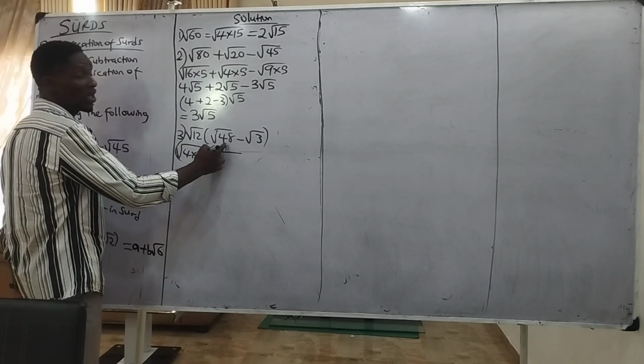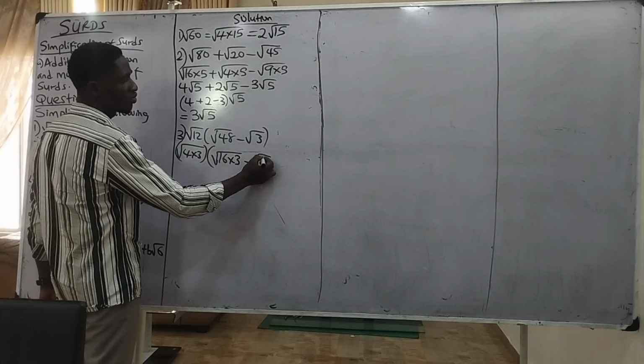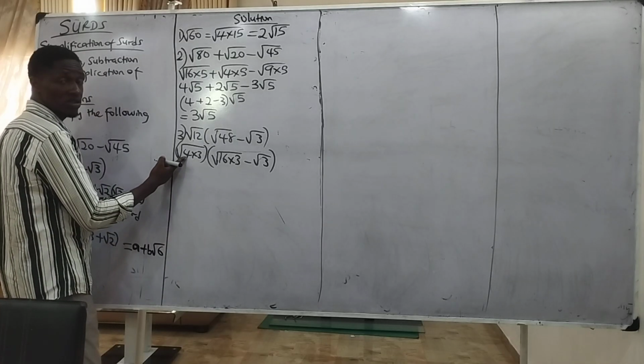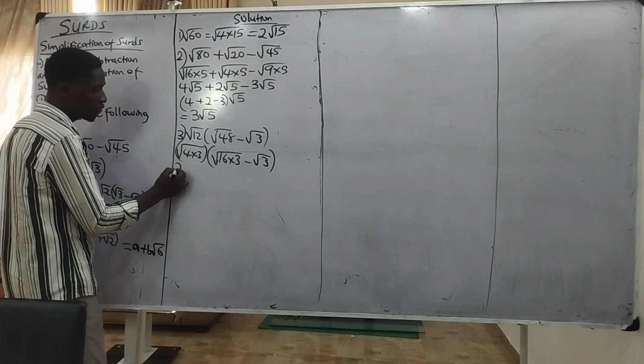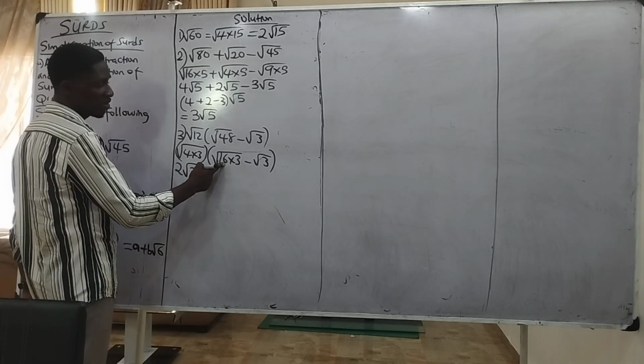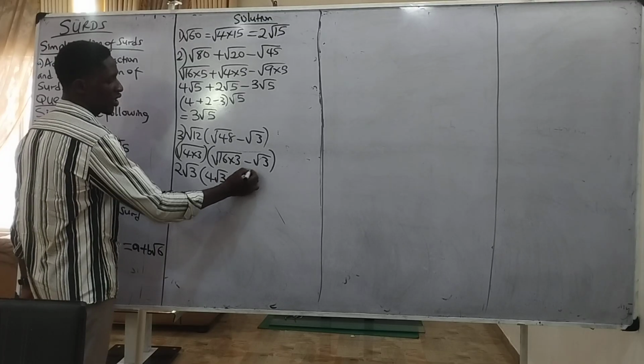The perfect square in 48 is 16, so 16 times 3, minus root 3. There is no perfect square in 3. Square root of 4 is 2, so I have 2 root 3, bracket, square root of 16 is 4, 4 root 3 minus root 3.